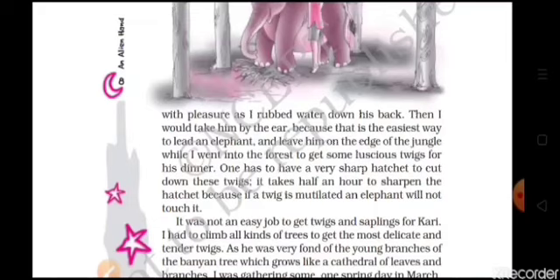One has to have a very sharp hatchet to cut down these sticks. It takes half an hour to sharpen the hatchet, because if a twig is mutilated, an elephant will not touch it.